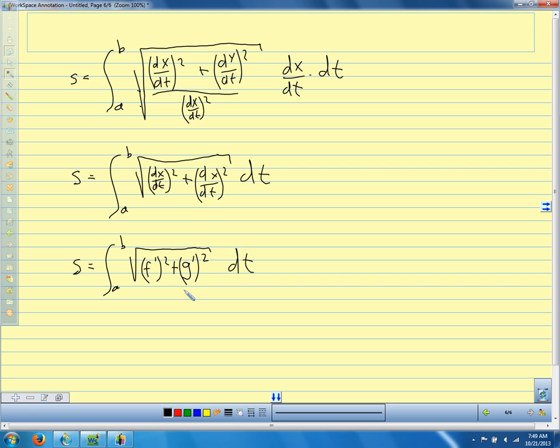Now the conditions here, the things we have to be careful of, is we don't want the curve to intersect itself except at the endpoints.